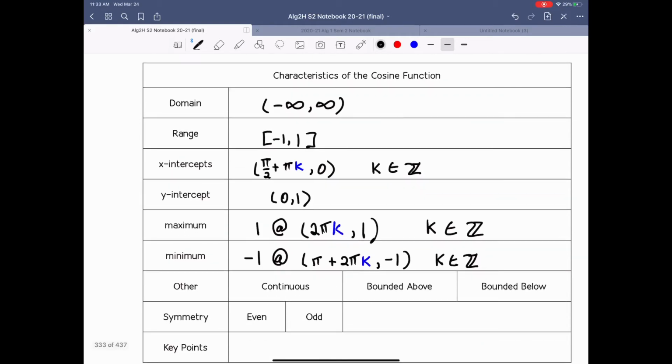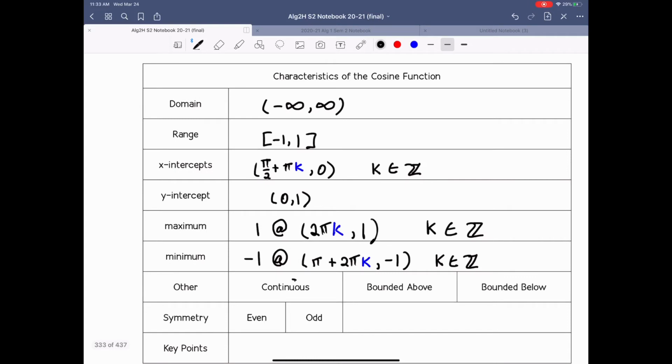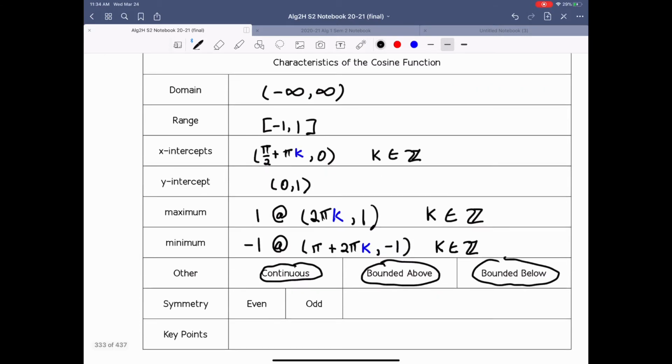All right, moving down to some other characteristics. So for this particular graph, this graph is continuous, all right, because it has no jumps, breaks, or holes. The graph is bounded above, and it's also bounded below, because we have a maximum at +1 and a minimum at -1, and the graph just repeats itself with those same intervals, all right? We have the same bounds for every interval. Now, let's talk about symmetry.